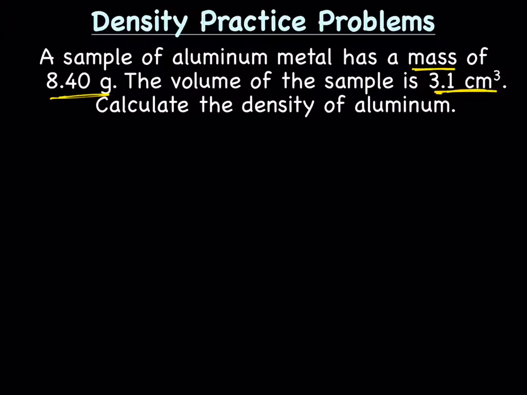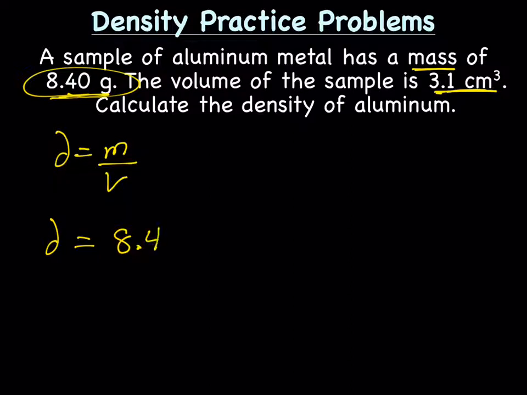Well, density equals mass over volume. So we have density equals the mass, which is 8.40 grams, divided by the volume, which is 3.1 centimeters cubed.